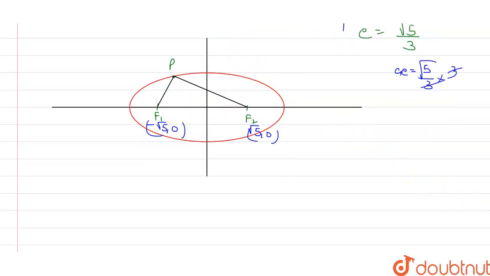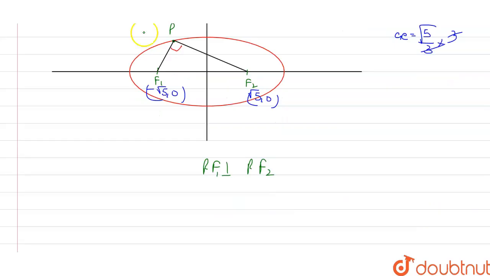Now you also know that the lines PF1 and PF2 are perpendicular to each other, by the properties of this ellipse. So my PF1 is perpendicular to PF2, and we also know that PF1 plus PF2 is 2 times a.